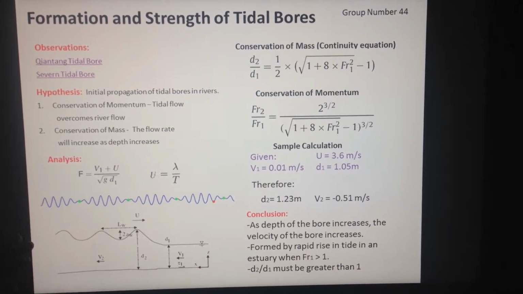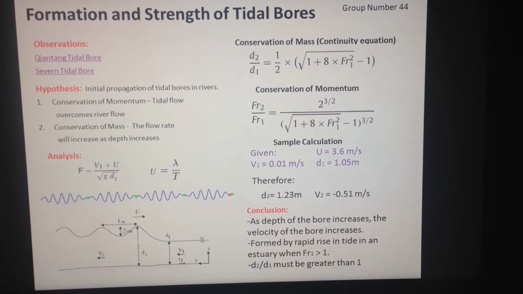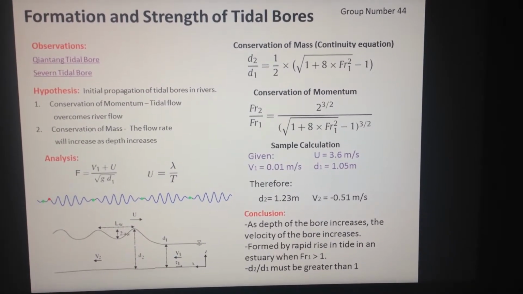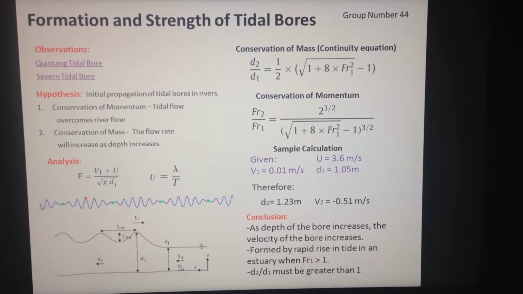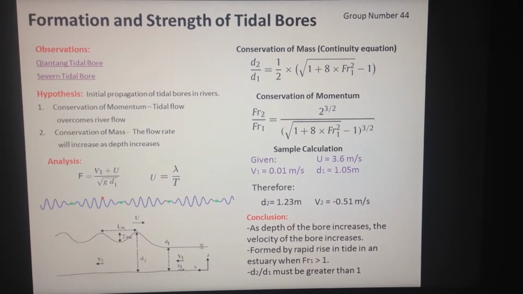And this is an equation from Froude's theorem. Also, the propagation upstream can be calculated by the wavelength divided by the period.